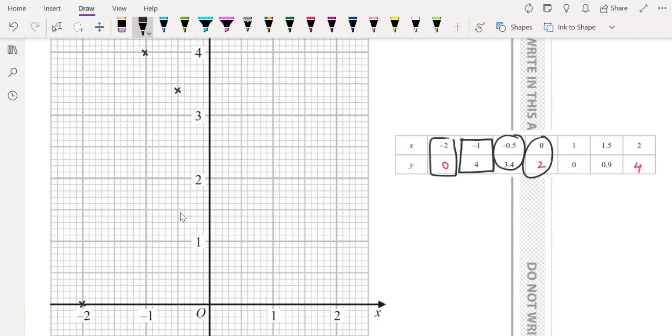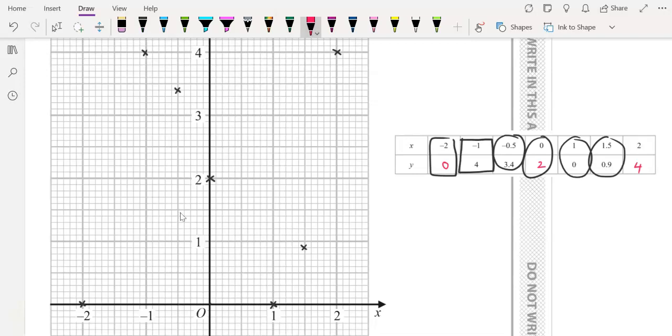At x equals 0, y is 2. At x equals 1, y is 0. At 1.5, it is 0.9. At 2, it is 4. Now we have plotted all the points. Now we need to join them to get a smooth curve.